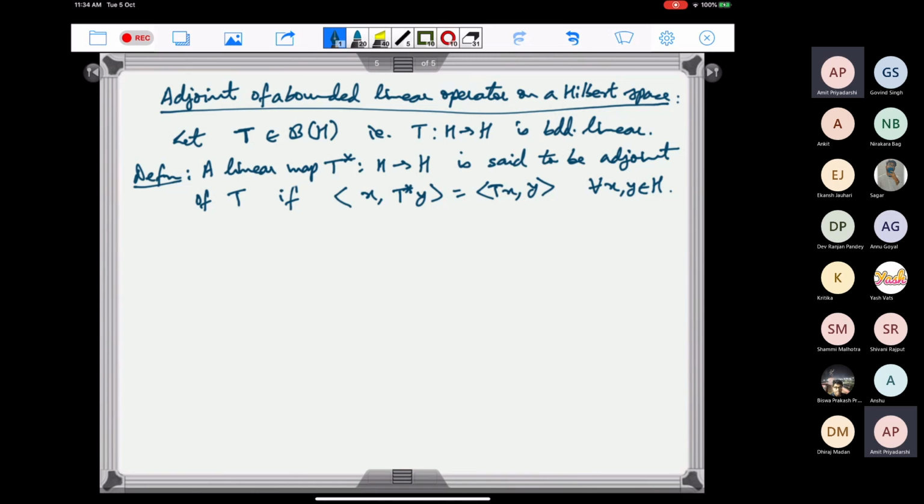So first of all, we have to show that for any T belonging to B of H, there exists an adjoint T star belonging to B of H. So, existence of T star. We have to define this map T star of y, which will satisfy this equality. So how do we define T star y?